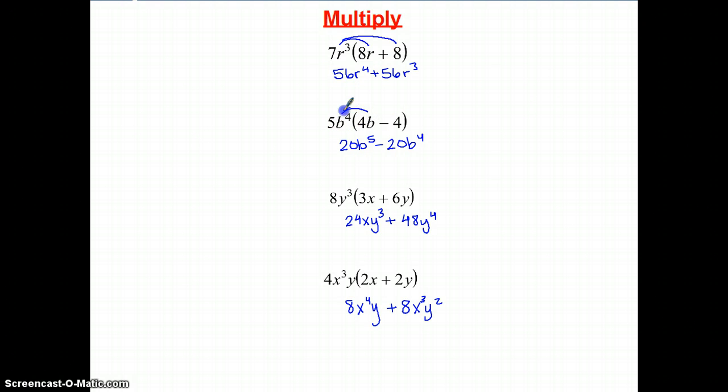Distributing your 5b to the 4th, you should have 20b to the 5th minus 20b to the 4th. Distributing 8y cubed, you should have 24xy cubed plus 48y to the 4th. And lastly, distributing your 4x cubed y, you should have had 8x to the 4th y plus 8x to the 3rd y squared.